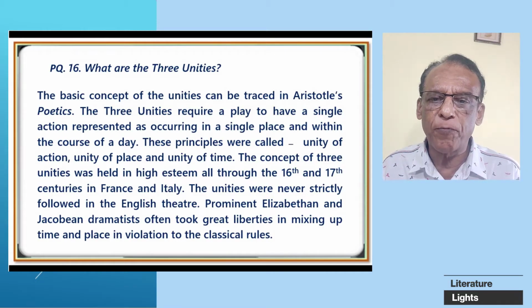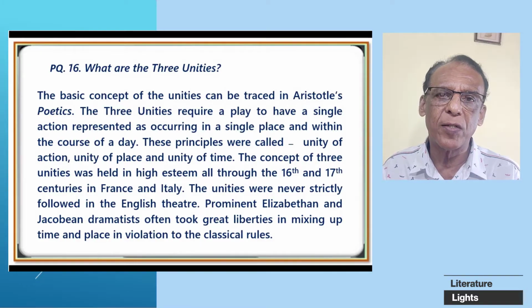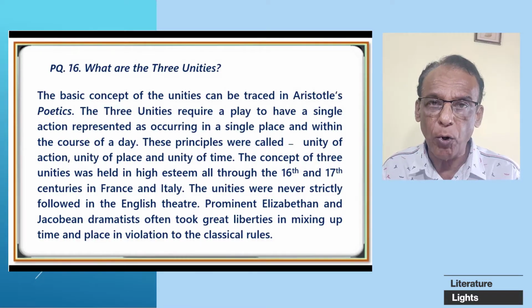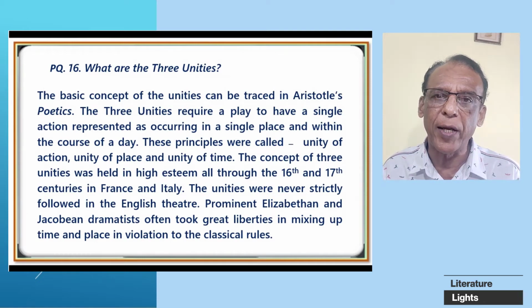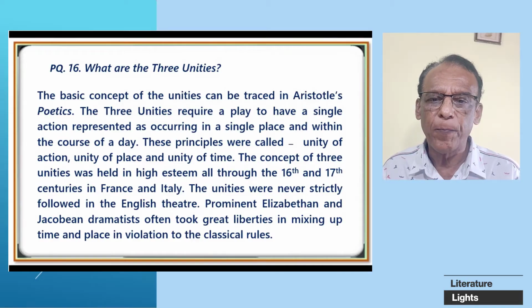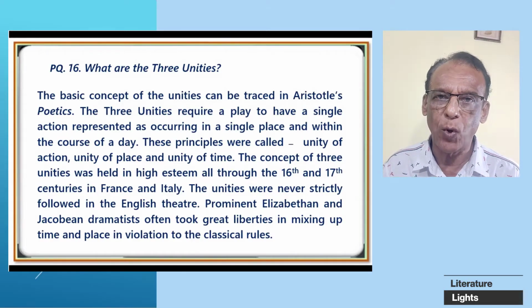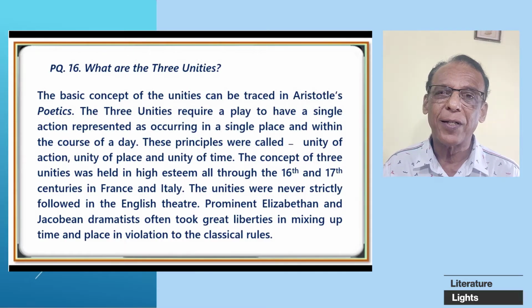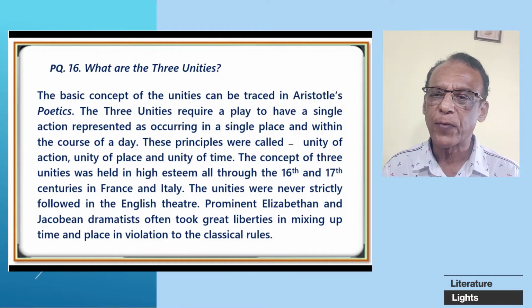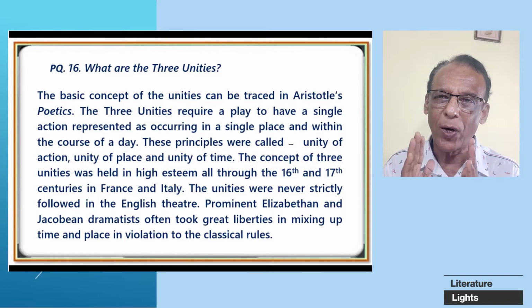The basic concept of unities can be traced in Aristotle's famous work, Poetics. The 3 unities require a play to have a single action, represented as occurring in a single place and within the course of a day, that is 1 day's time.